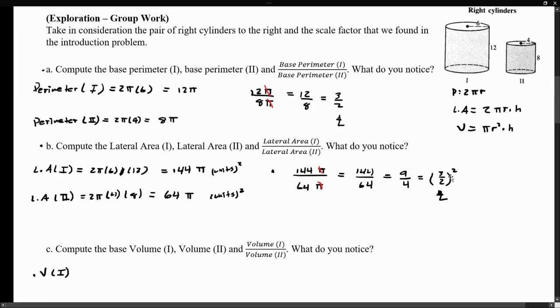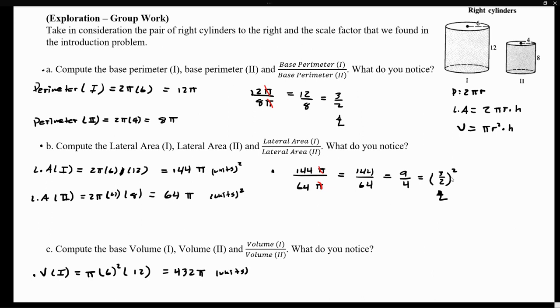So we're going to have pi, the radius of the first figure, which is 6 squared, times the height, where the height is 12, which is going to be equivalent to 432 pi. It's units cubed, since we're talking about volume.